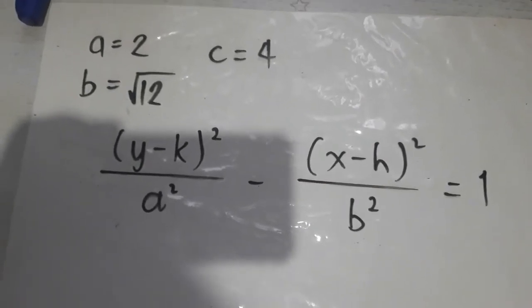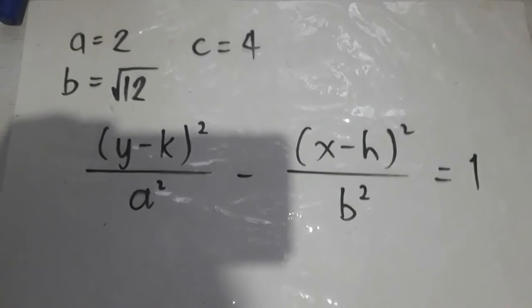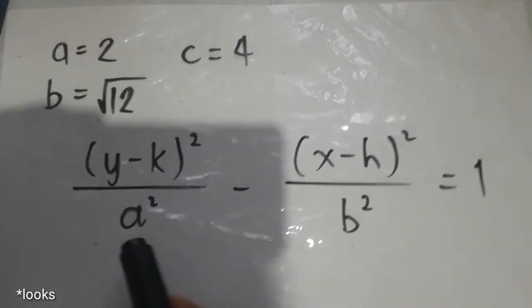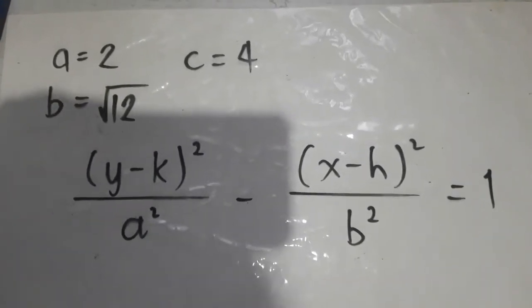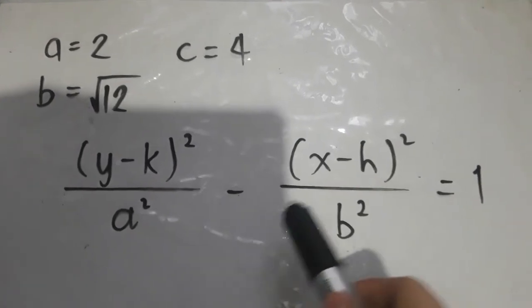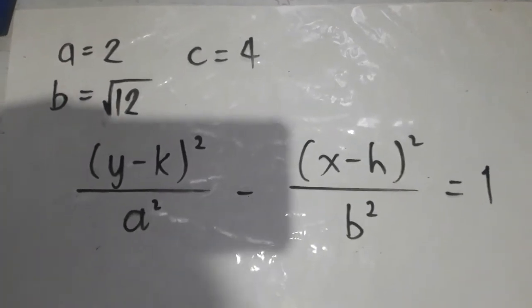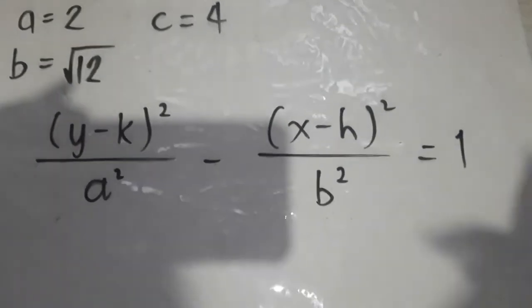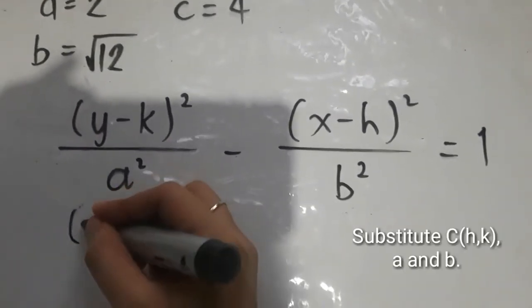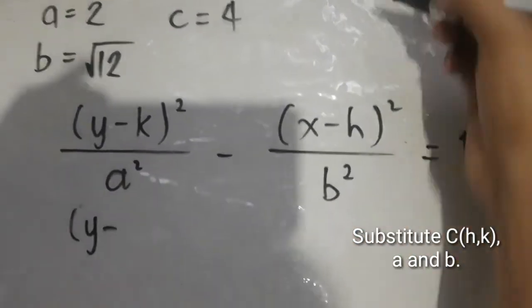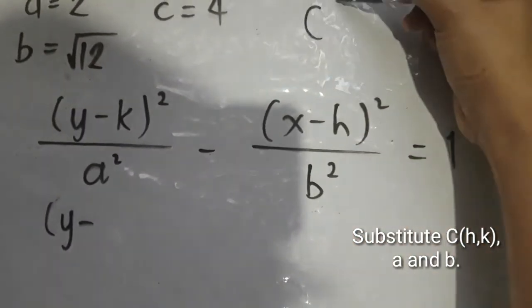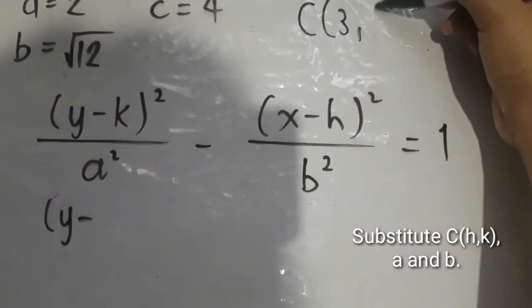Since the branches open upward and downward, this is how the standard form will look: the quantity of y minus k squared over a squared minus the quantity of x minus h squared over b squared equals 1. Let's substitute. The y minus k will be from the center. If you still remember, we have the center at (3, 6).